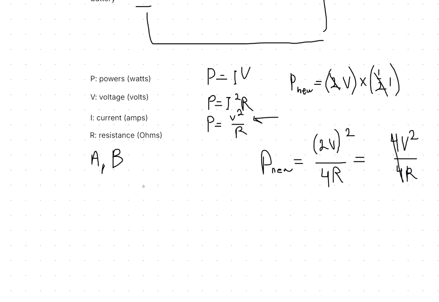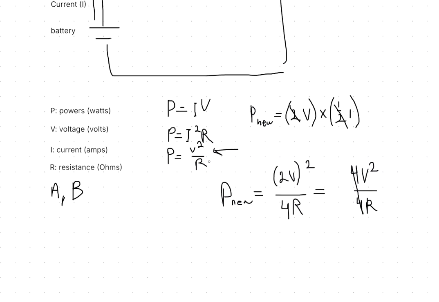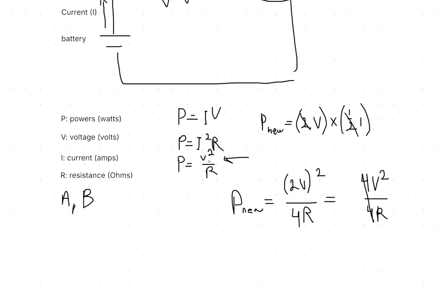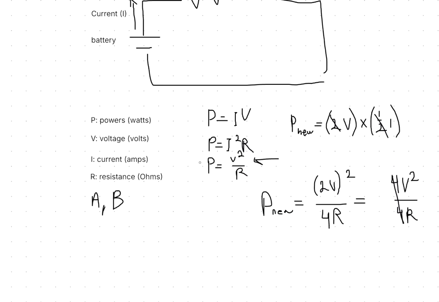And now we can check option C, which tells us that we're doubling the current and reducing the resistance by a factor of 4. So for current and resistance, we use P equals I squared times the resistance, which is exactly our second equation.